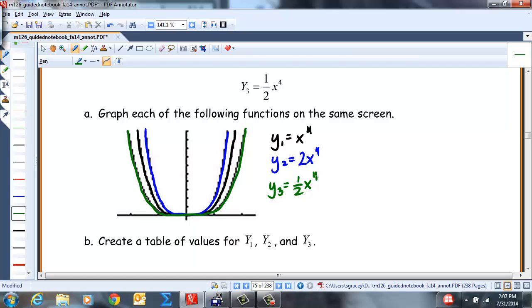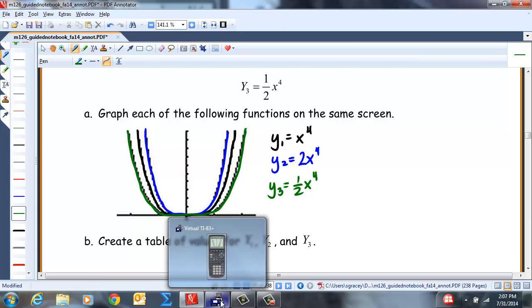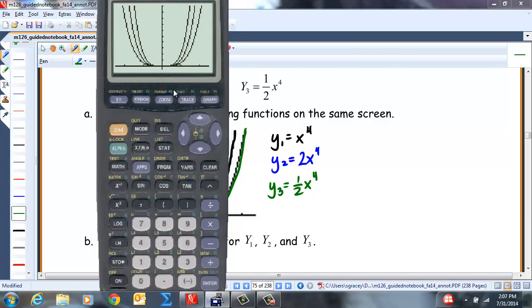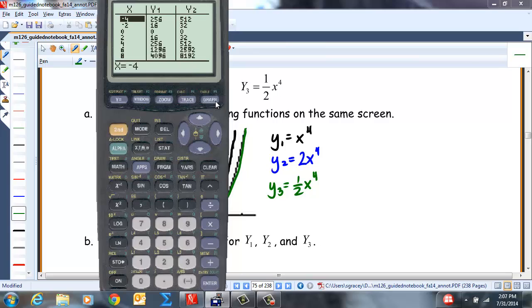Okay, so if we create a table of values, that would be our original and our y2. That's fine.